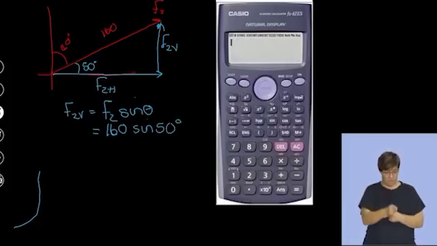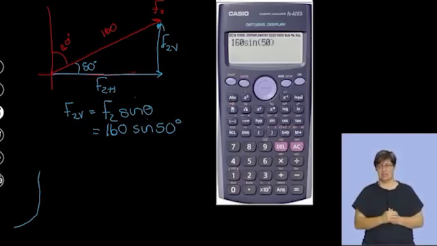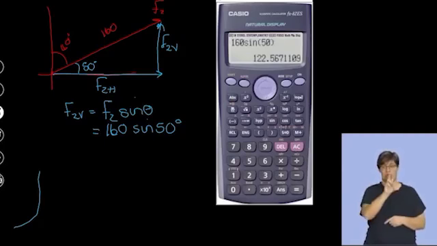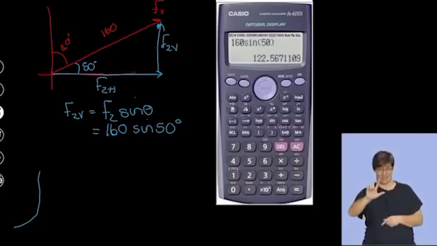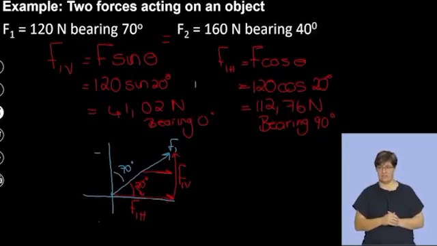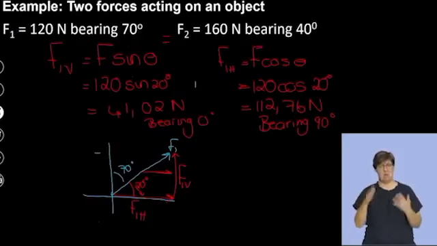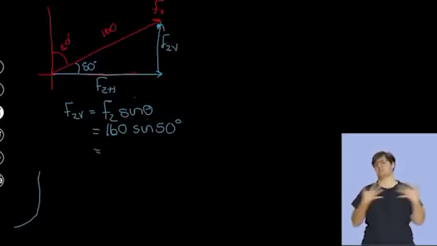Okay, let's get rid of what we had there. So now this is 160, and it's sine 50, and it's 122,57, because that's 67. It's going to round up. Okay, I'm too fast for the board. That's what's happening.